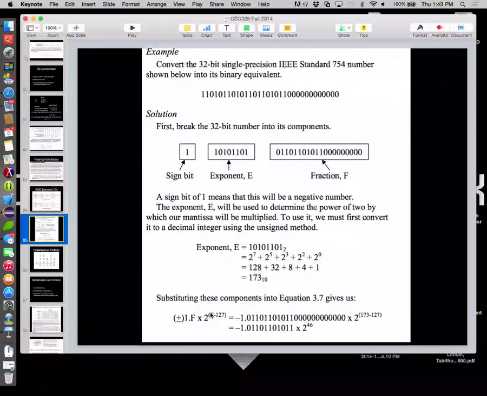E is going to be a number in what range? This is where we're solving for E right here. What's the possible values E can be? Evan? No. E is unsigned.